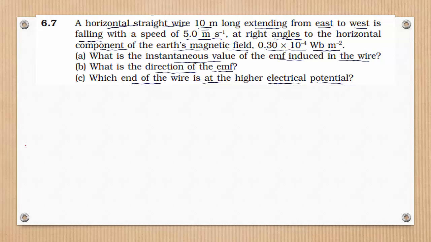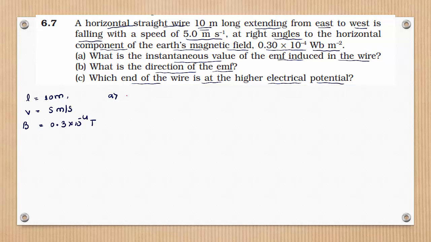The first one is instantaneous EMF. Observe here, I can use the givens. Length is given 10 meter, velocity is given 5 meter per second. Earth's magnetic field is given 0.3 into 10 raised to minus 4 Weber per meter square or Tesla. Then we can find the first question A, instantaneous EMF.